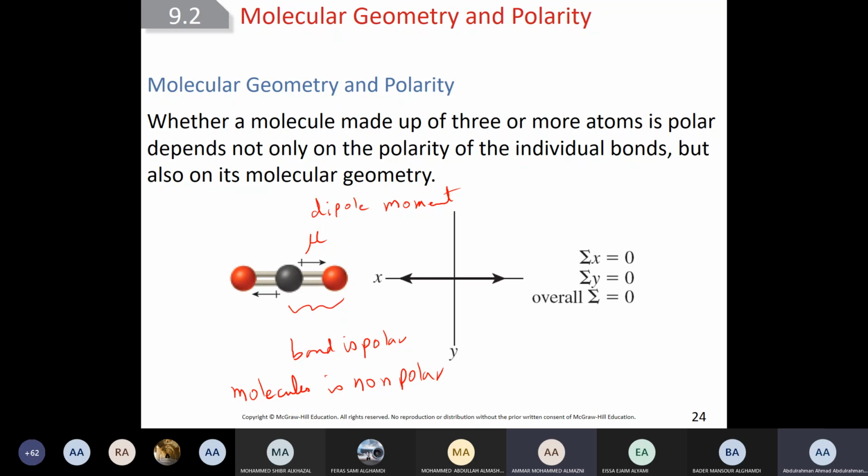So each bond here is polar, and there is a force, a dipole moment. But this force and this force will cancel each other, and then it will be zero. That's why this bond is polar, this bond is polar, but the whole molecule is non-polar. You have to know this.